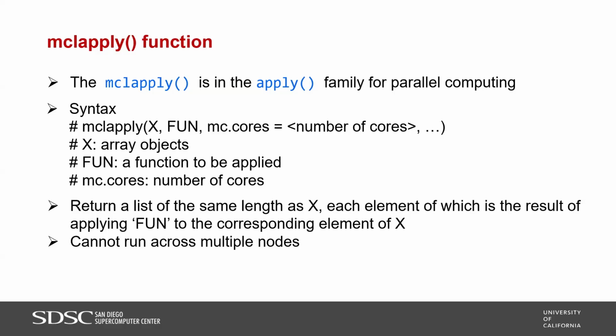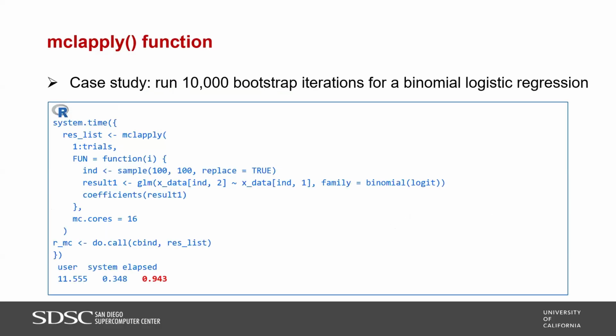Once it's done, it will return a list of the same length as x, each element of which is the result of applying that function to the corresponding element of x. But the one shortcoming is that mcapply can only run in a single node.